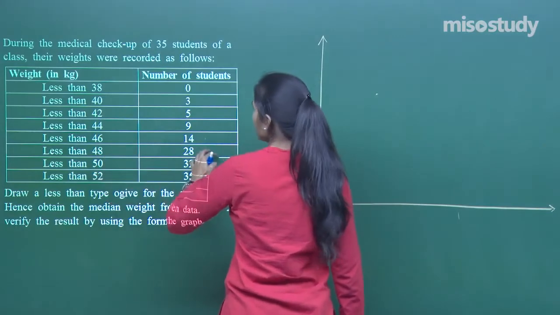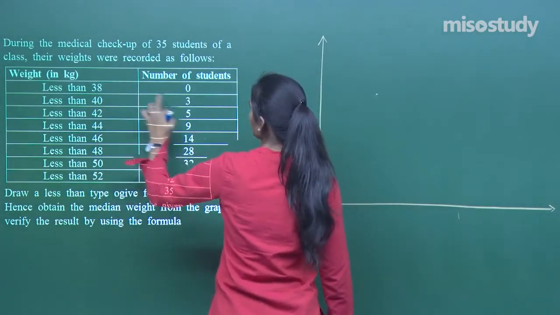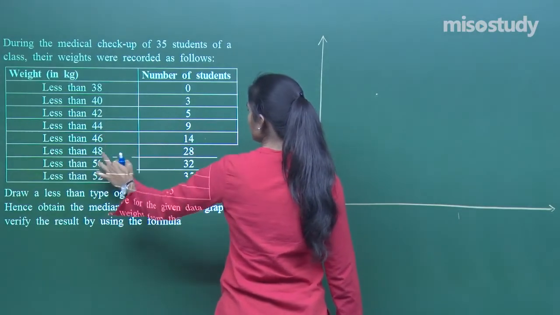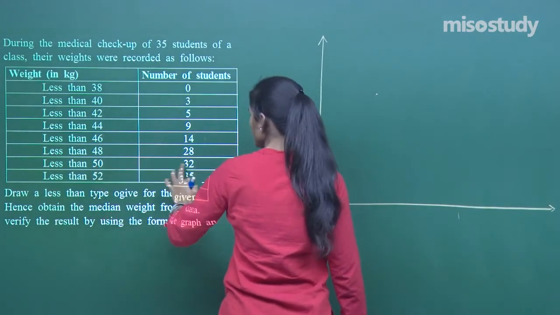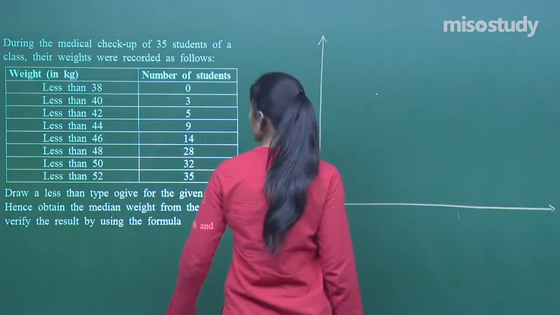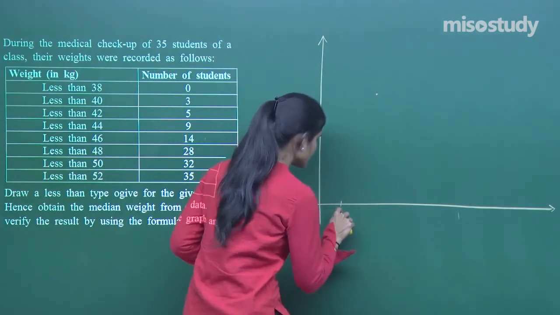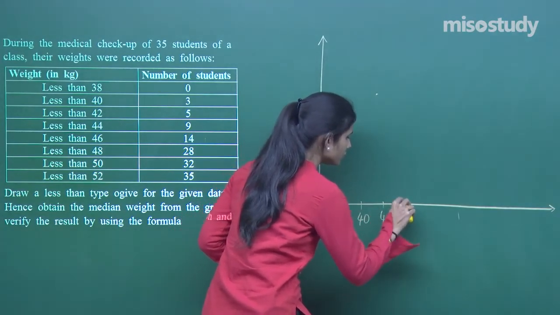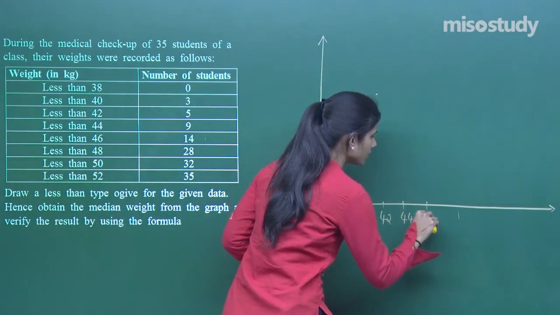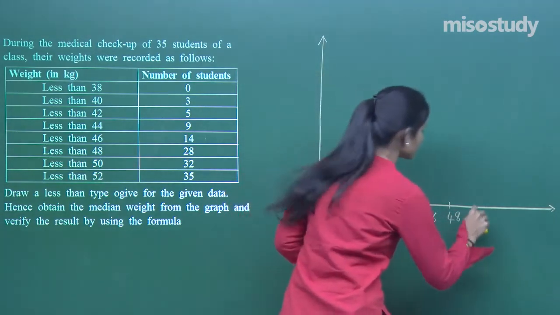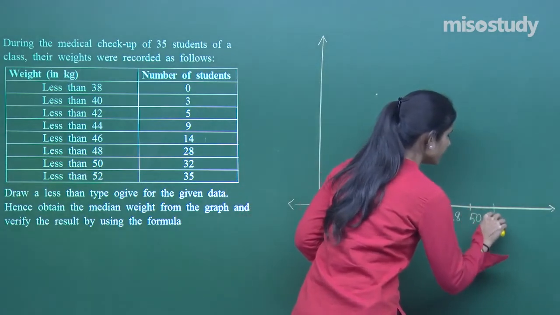So I have my points with me: 38, 0; 40, 3; 42, 5; 44, 9; 46, 14; 48, 28; 50, 32; 52, 35. These points are already there with me. So I will just be plotting them. So this is 38, then 40, 42, 44, 46, 48, 50 and 52.